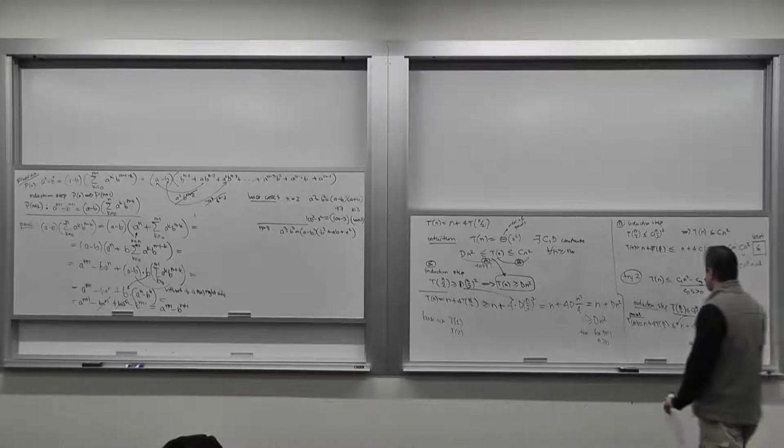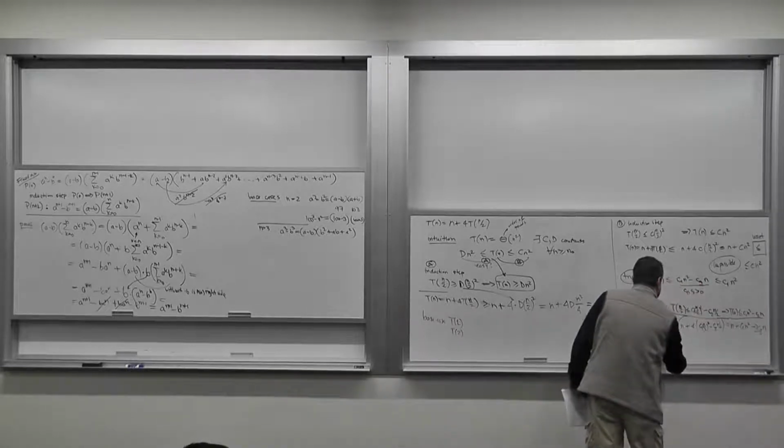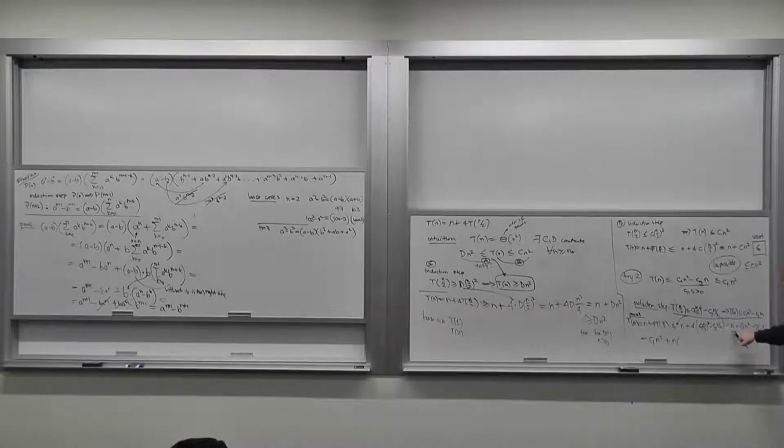So let's group the n's together. C1 is with n squared, and n is what? I have one n here, minus 2 C2. Now, what we want is for this to be smaller than C1 n squared minus C2 n.